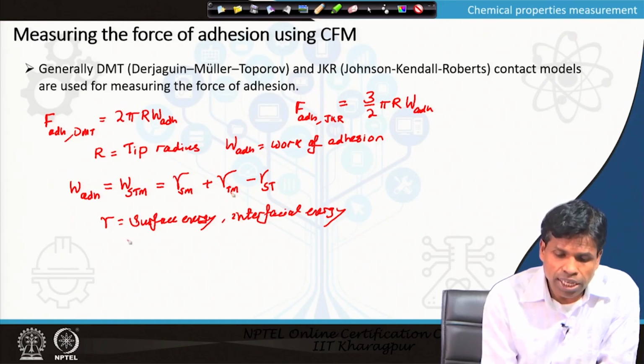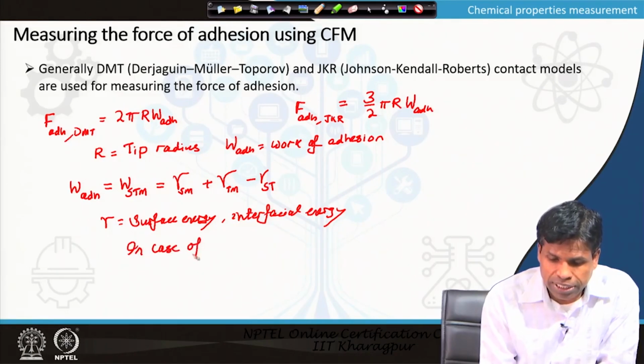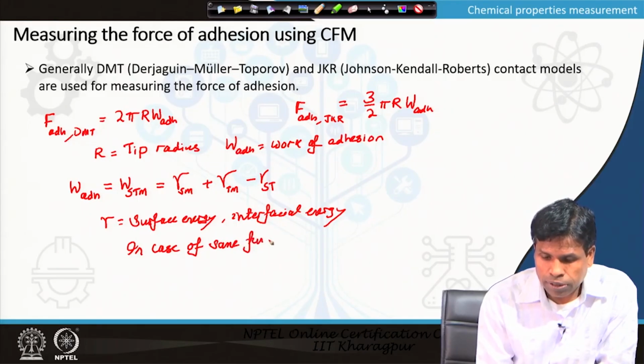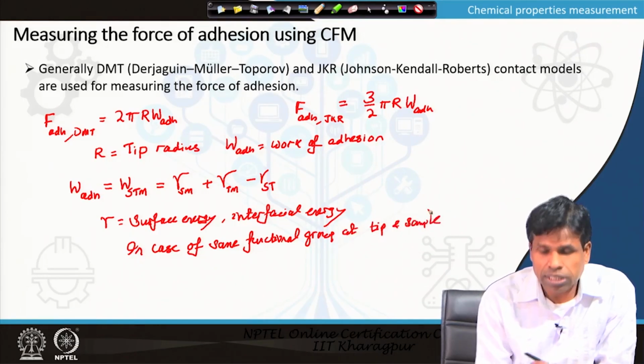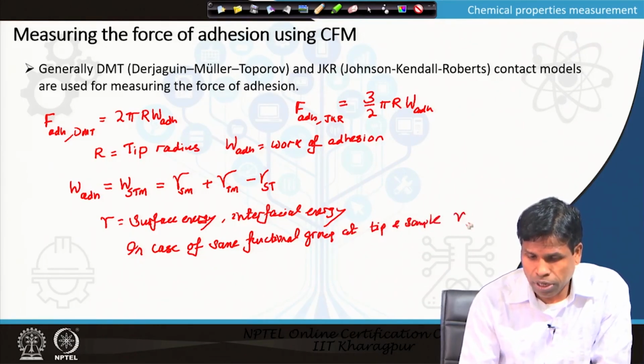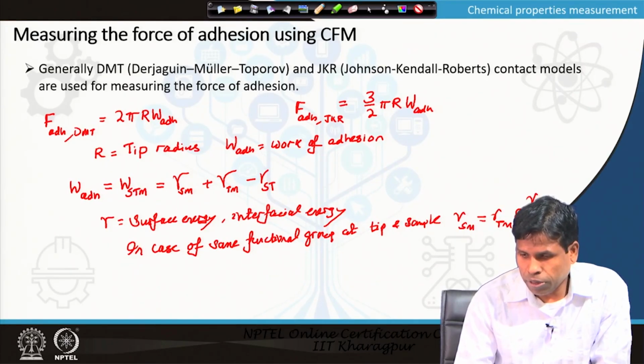In case of the same functional group at the tip and the sample, in this case for the force of adhesion we can write gamma SM is equal to gamma TM and gamma ST is equal to 0.